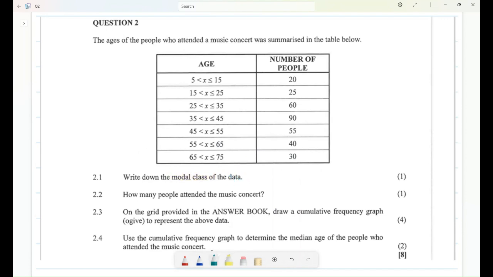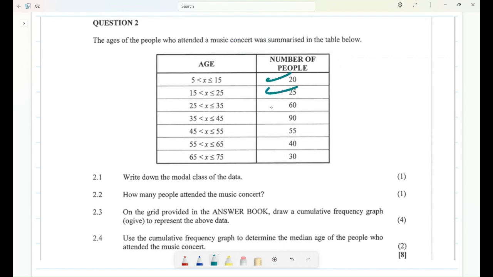Remember, the modal class is the one with the highest frequency. Remember, this table is a frequency table. Highest frequency. Now, which one has the highest frequency?